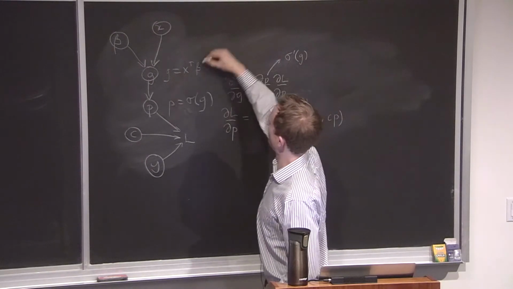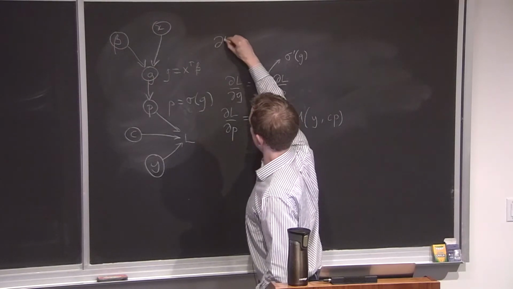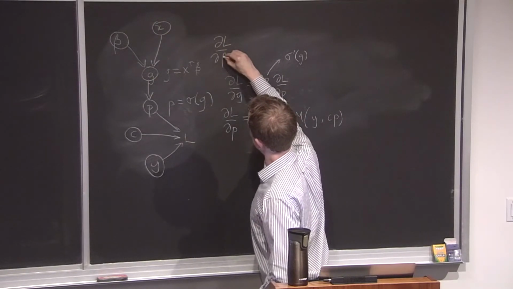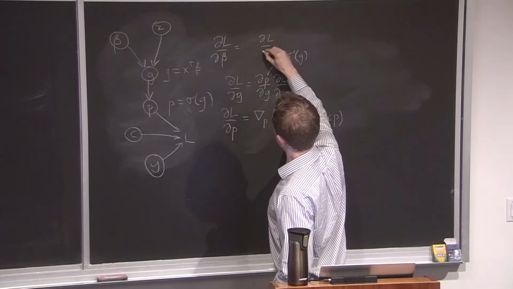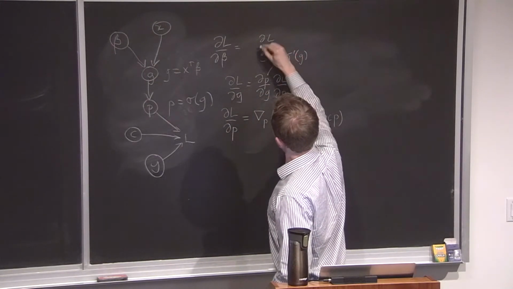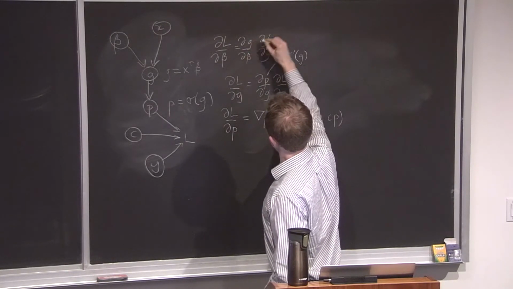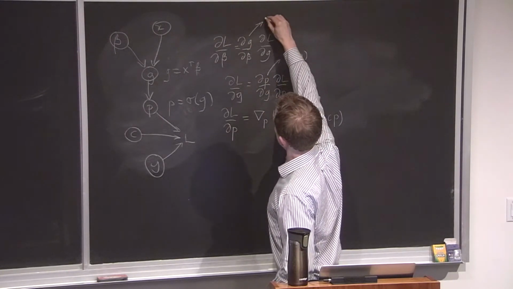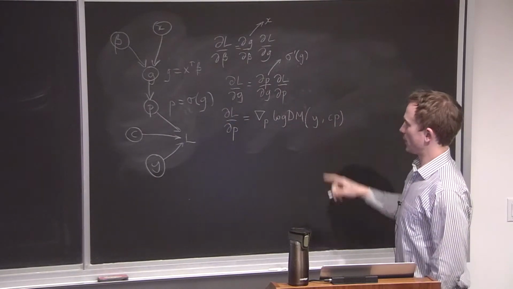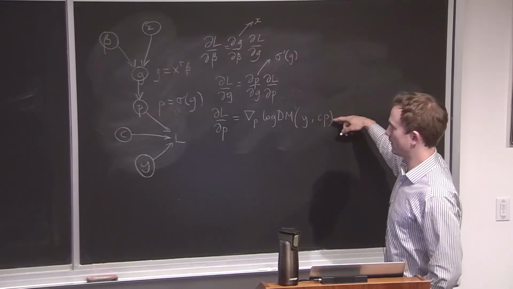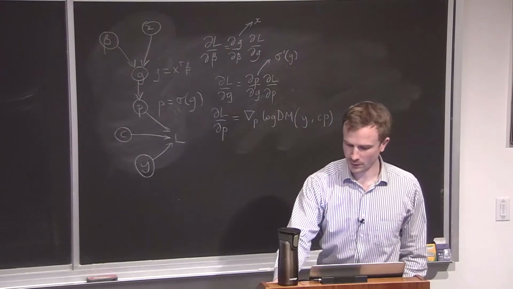And then we propagate back one more. So we want the derivative of L with respect to beta. That's just going to be the derivative of L with respect to G times the derivative of G with respect to beta. And this thing is just X, right? Because from here. So it's pretty simple. We just start calculating this numerically and then keep propagating back through the graph.